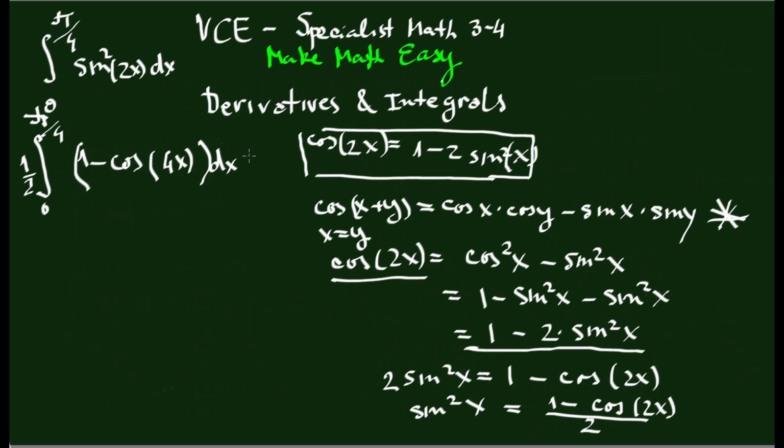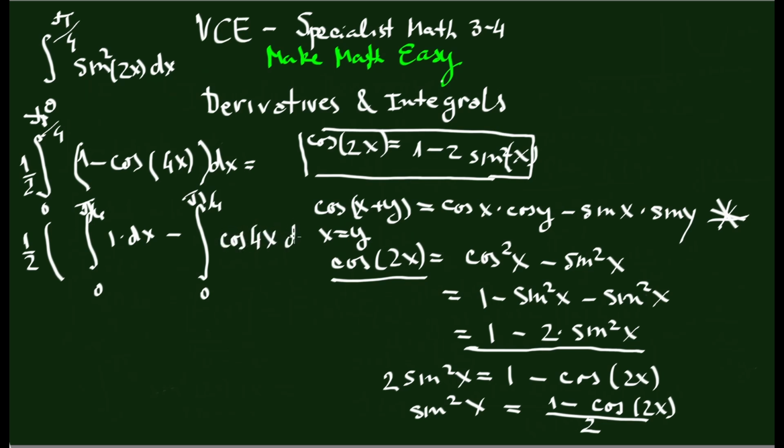So that's splitting now into two integrals, 1/2 multiplied by the integral of 1 times dx minus the integral of cosine of 4x dx.